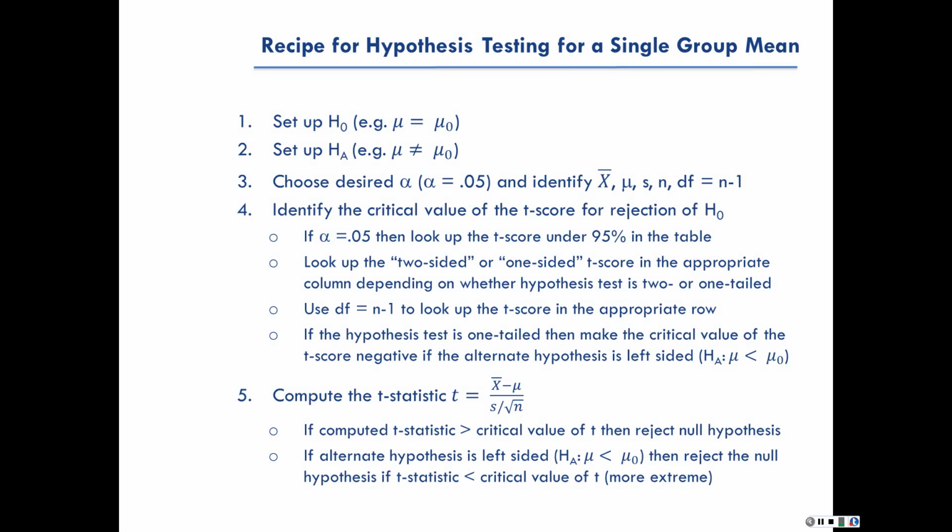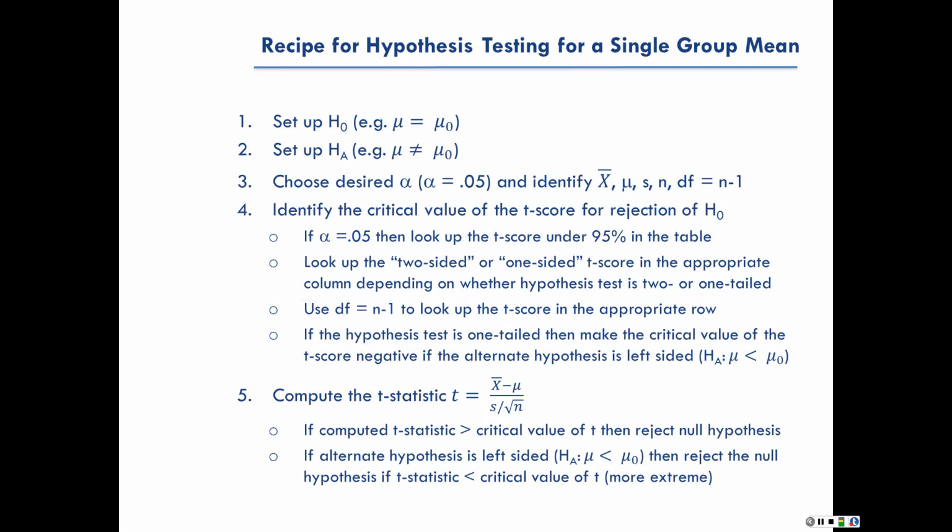The next step is to compute the t-statistic. The t-statistic is equal to the sample mean minus the population mean, or whatever value you've specified there, divided by the sample standard deviation, which is divided by the square root of the sample size.